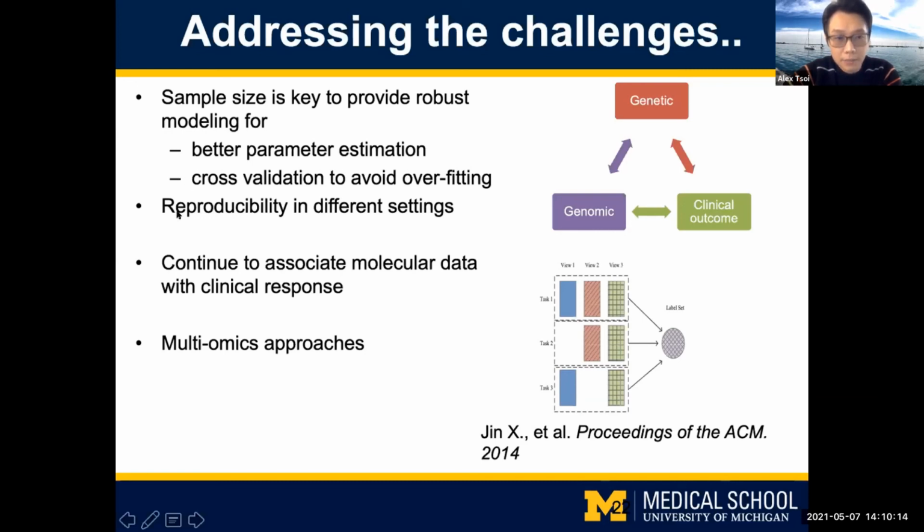And then reproducibility is always an issue. When applying some of those machine learning models, they are especially good if we are doing training on a particular institute or hospital, but if we apply a model that's trained in one hospital to the others, then we lose some performance. So I think we have to account for multiple different factors here.